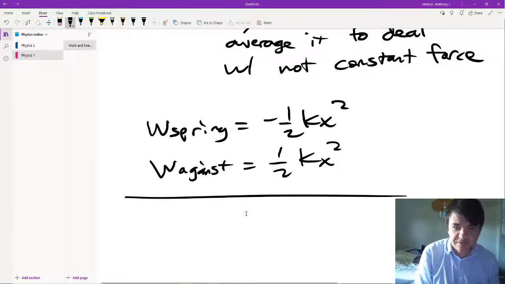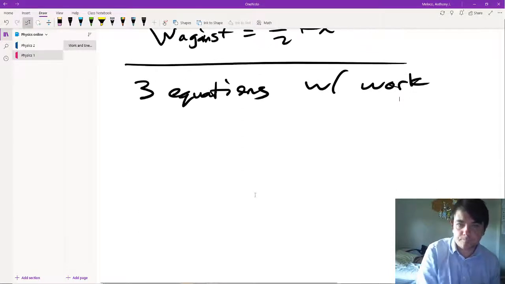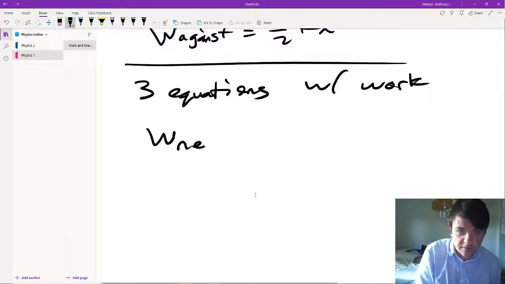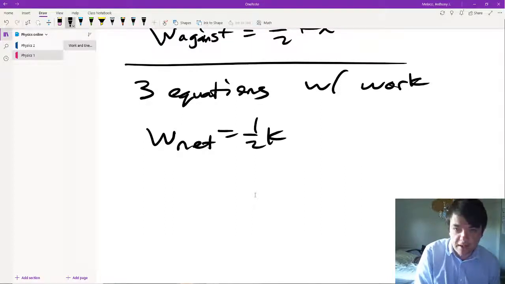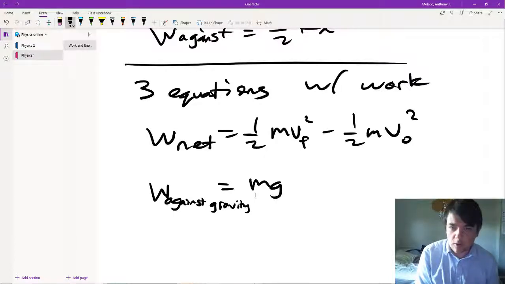So we've got 3 equations that we did so far. We've got net work, right? The net work was 1/2 m v final squared minus 1/2 m v initial squared. We had work against gravity, which is also the same thing as the work done by the normal force, which was equal to the negative work of gravity: mgy final minus mgy initial.